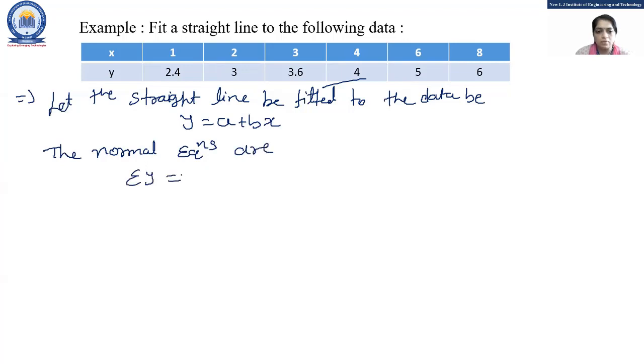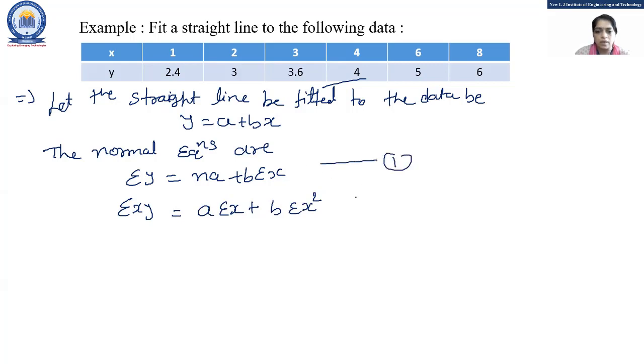summation y equal to Na plus b summation x, and summation xy equal to A summation x plus b summation x square. This is equation 1 and this one is equation 2.